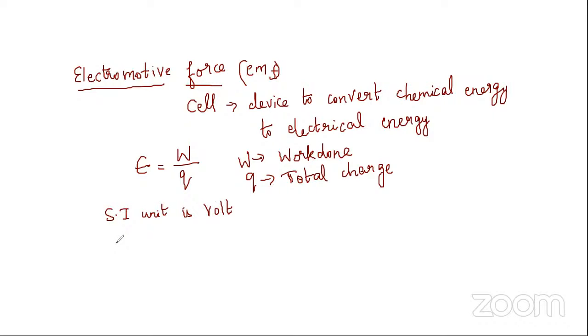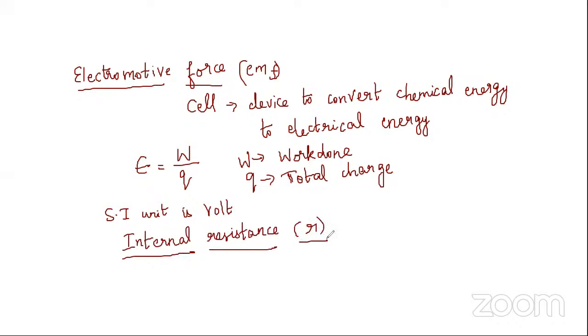And the next thing which you need to know is the internal resistance. So in current electricity, whenever we talk about internal resistance, we should use a small letter r.